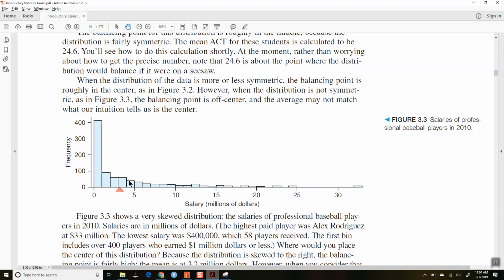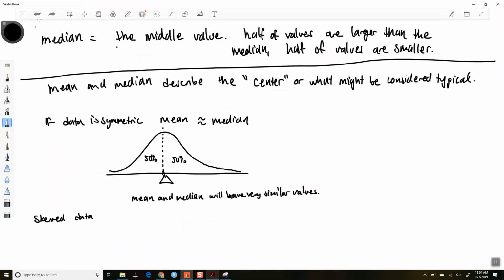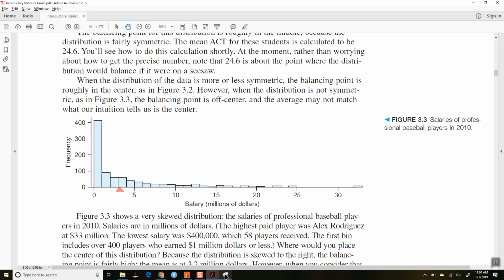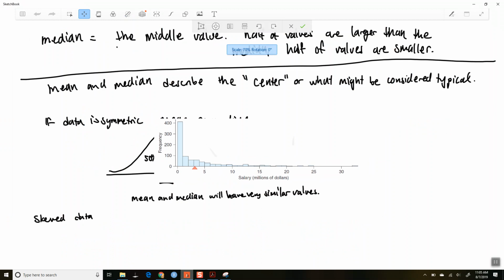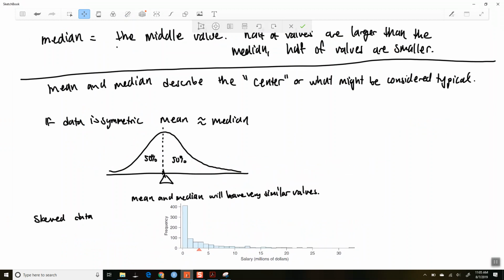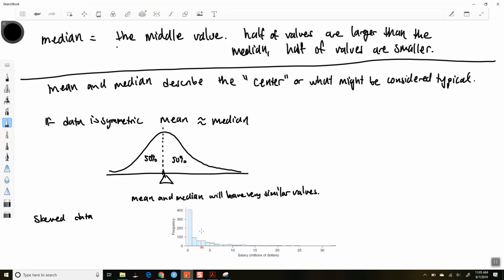So let me just throw this on the screen again. Oh, it's already there. Great. Okay, so here's some skewed data. Where would you say the median should be? The median is where half of the values are below and half of the values are above. It's a little bit difficult to eyeball, but the median is probably somewhere around 1 million, maybe a little bit higher than that.